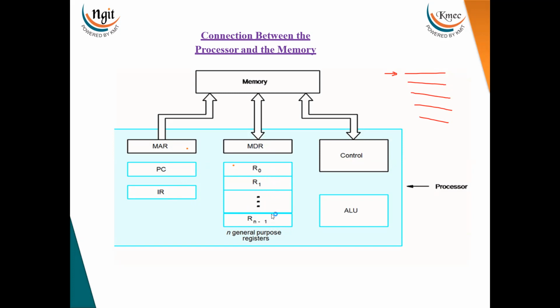Okay, now these are the general purpose registers. R0 to Rn minus 1 general purpose registers are there. With these registers we do the operations. Generally if you write a high level language program and you want to do an addition, for example you will write 2 plus 3. 2 is one operand, 3 is one operand, and plus, the addition, is the opcode.